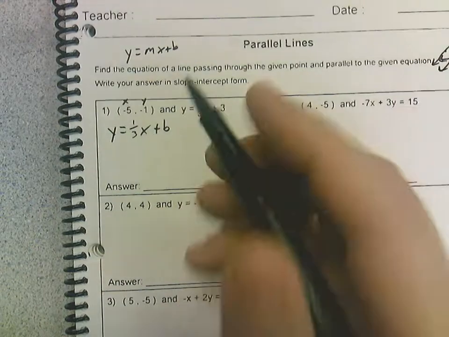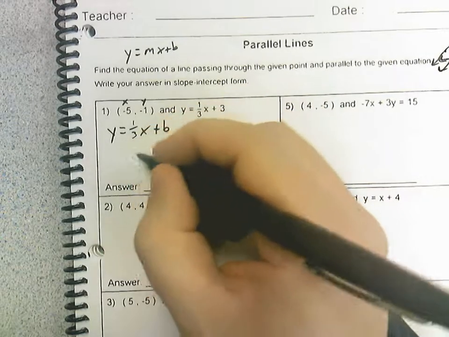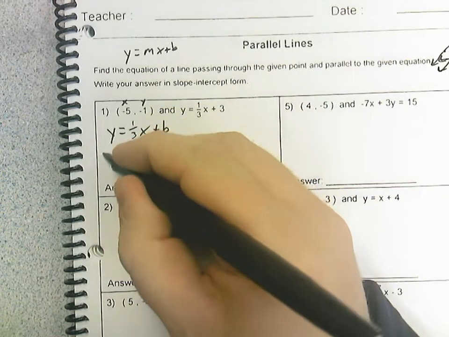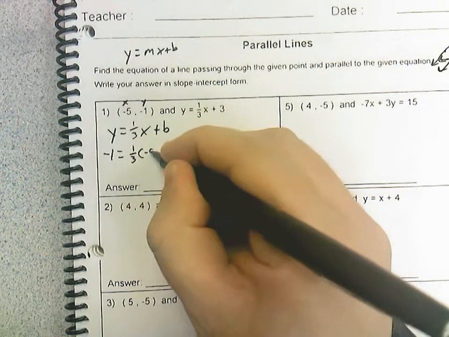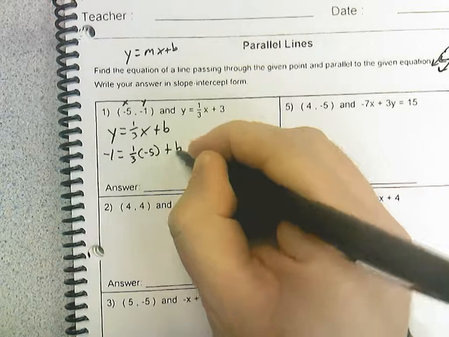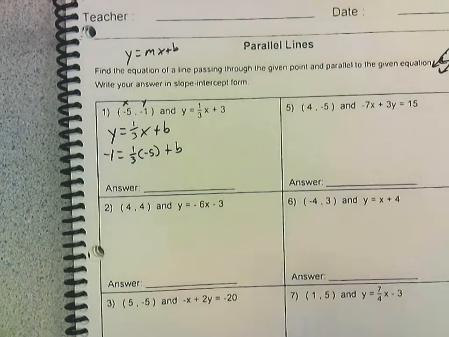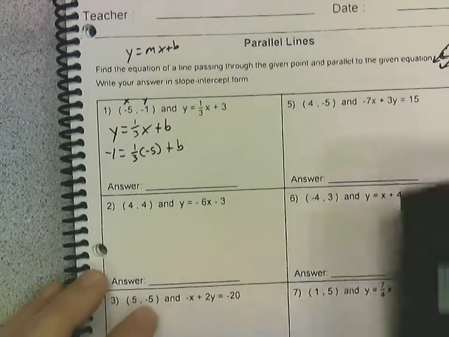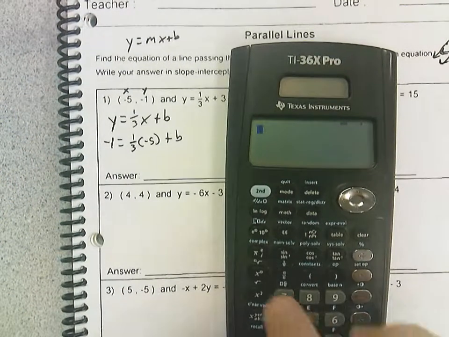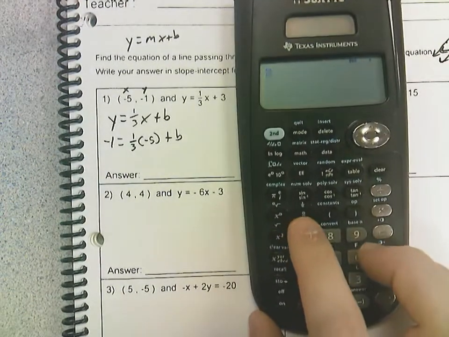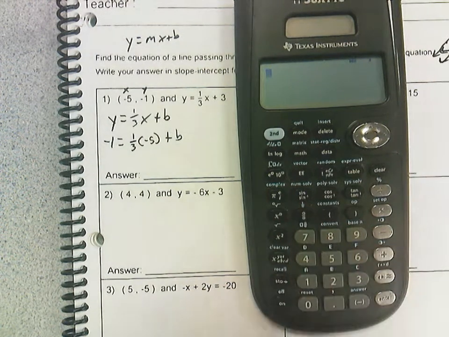So -5 goes right here with the x, and -1 goes with the y, so it would be -1 is equal to 1 over 3 times -5, and then plus b. Now, this is a fraction times a number, which you all freak out about, but again, your calculators do this for you. Mine has the little fraction button right there.